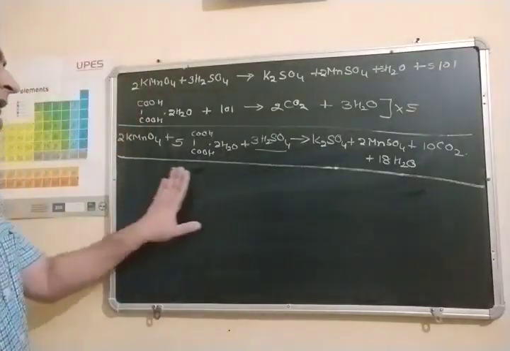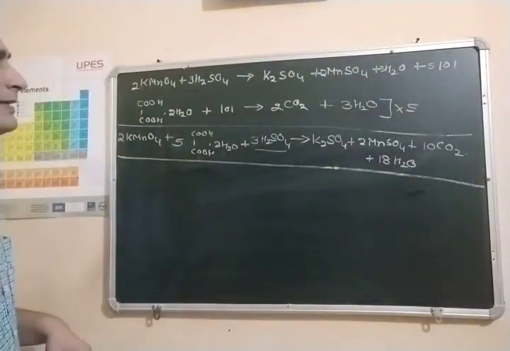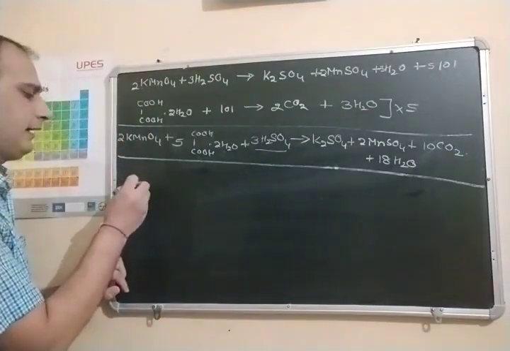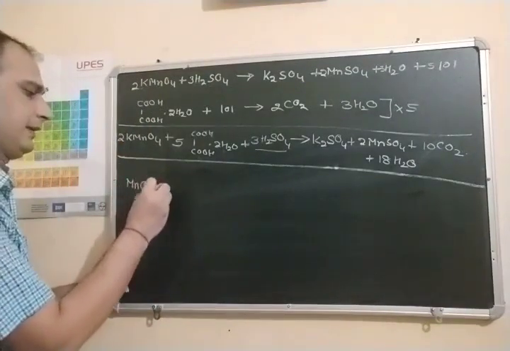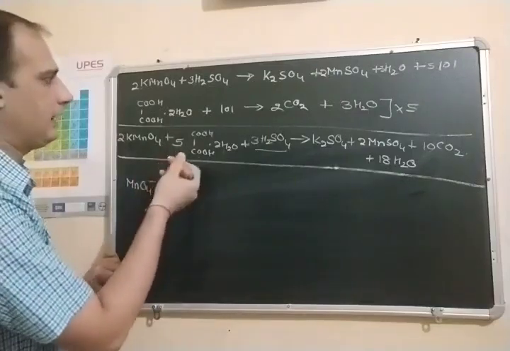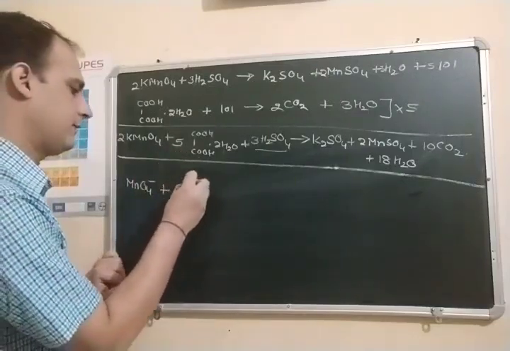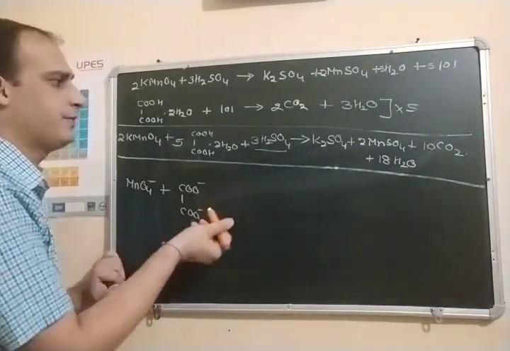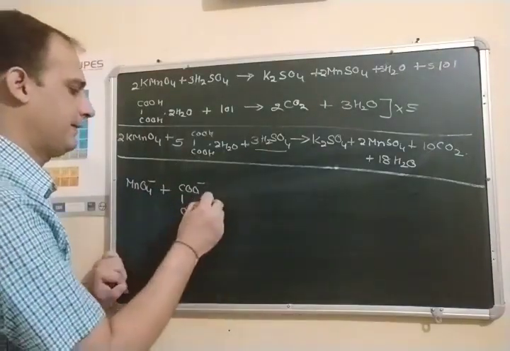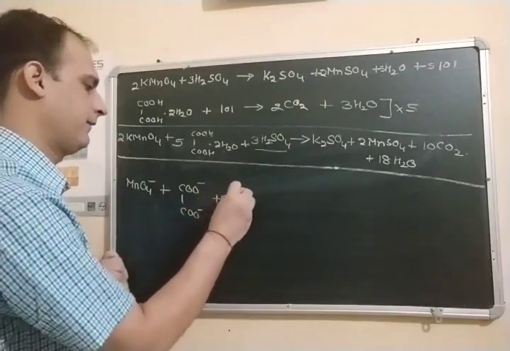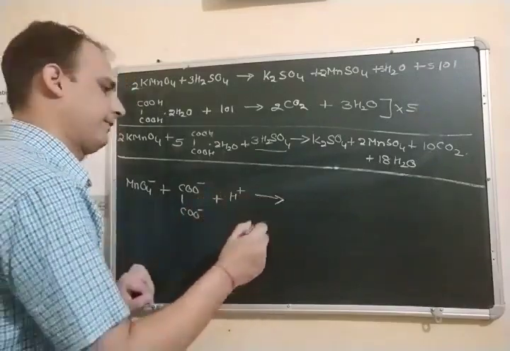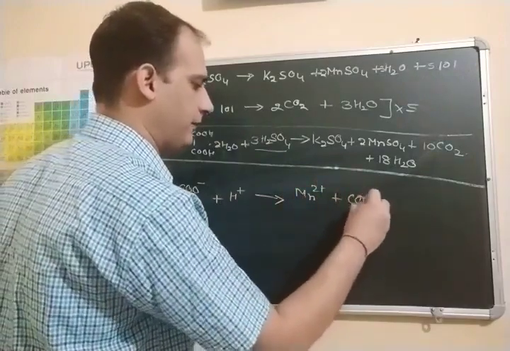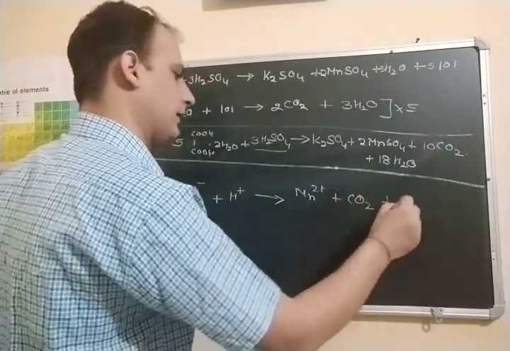Okay, so this is the molecular equation, and as far as the ionic equation is concerned, you can see MnO4 negative plus, here I am writing the oxalate ion, that is C2O4 2 negative, plus H positive, and it will form Mn2 positive plus CO2 plus H2O.